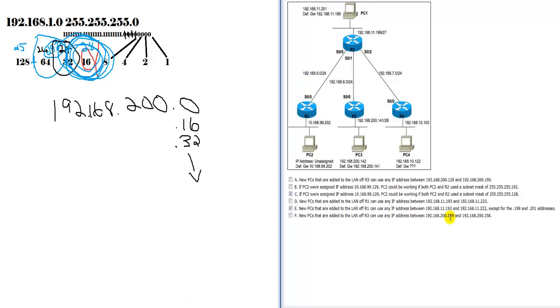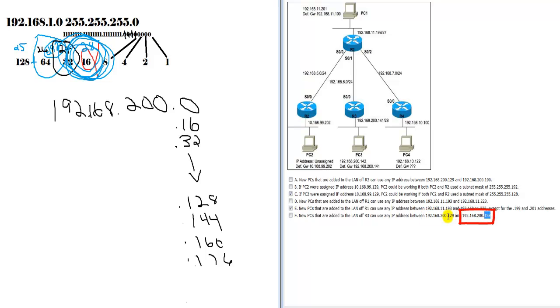So we could put network 128 to 144 to 160, and we can stop now because you can already see that the two addresses are in two different networks.